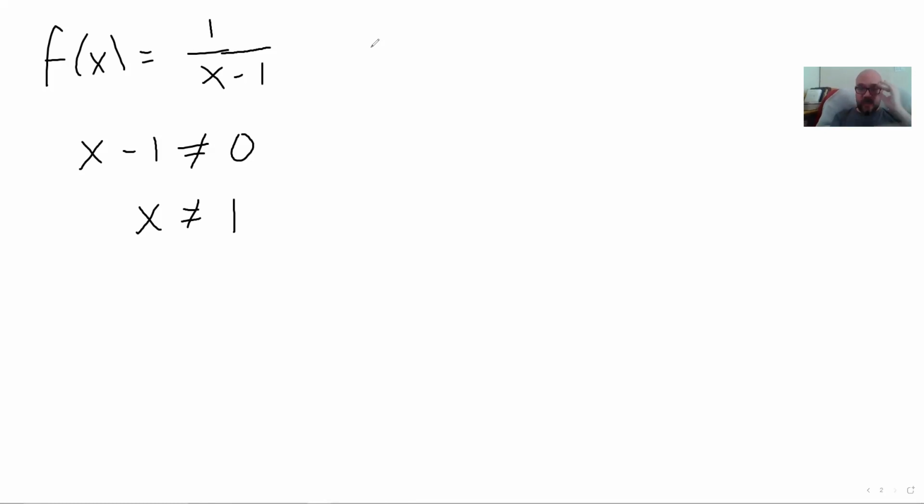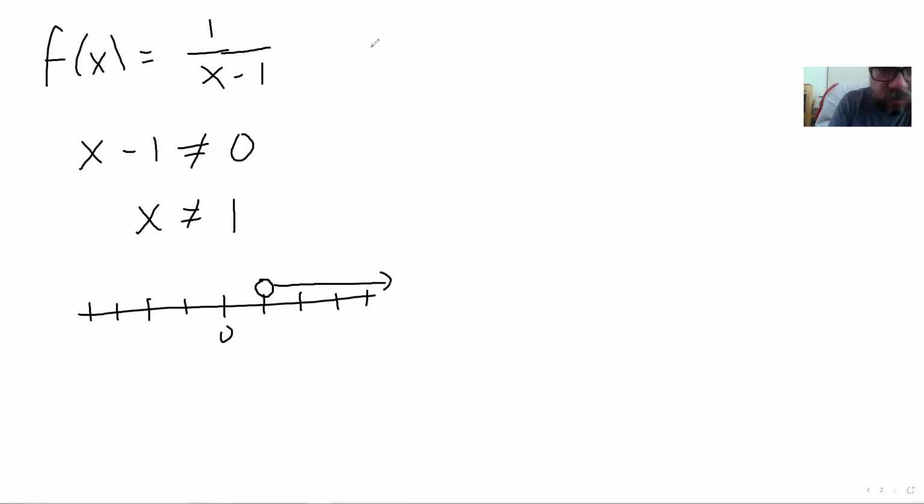Let's draw that real quick on a number line: 0, 1, 2, 3, 4, negative 3, negative 4. I can't put in 1, but I could put in anything else. I want to express that in a compact way, so that I don't have to draw a picture of the domain.